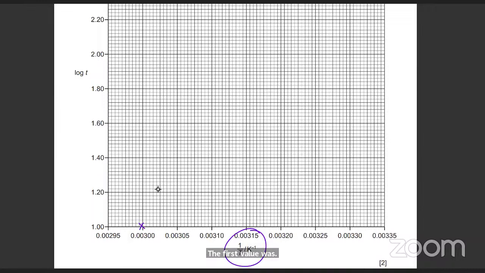And log of T came out to be 1.04. So 1.04 might be somewhere. This is 1.1, so 1.04 would be right at the bottom.